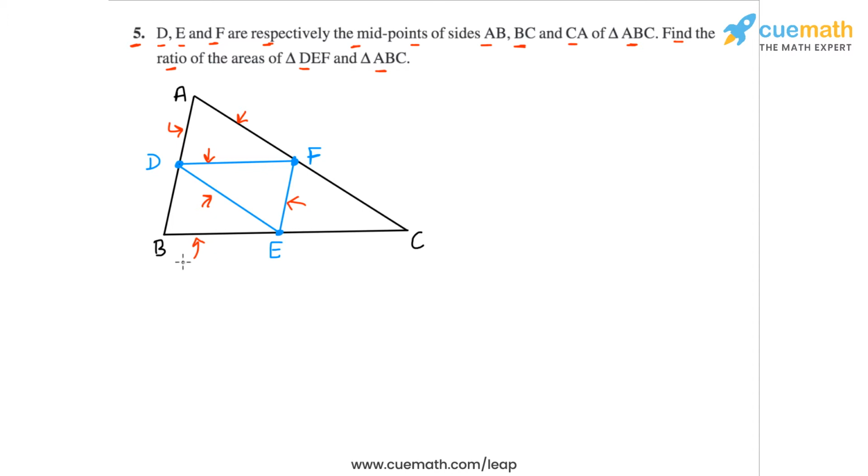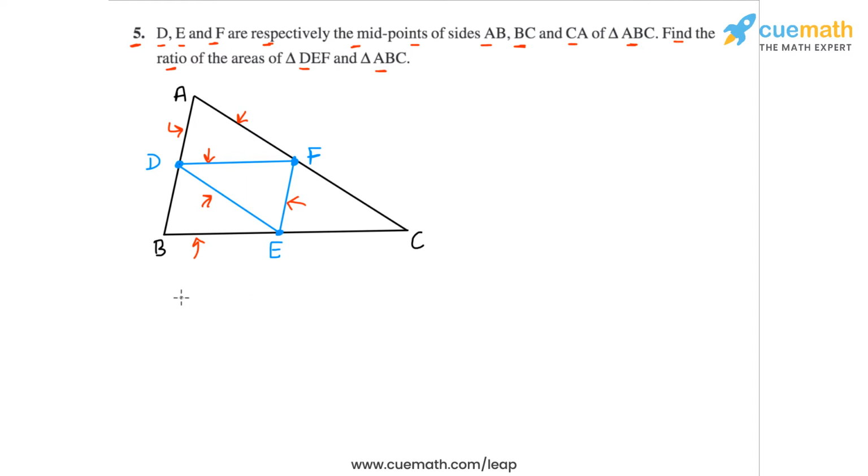So the ratio of corresponding sides of the small triangle DEF and the big triangle ABC will be the same. We can apply the SSS similarity and say that the two triangles are similar, and from there we can find the ratio of the areas easily, because for any two similar triangles the ratio of areas is the square of the ratio of corresponding sides. So this is what we are going to do to solve this problem.